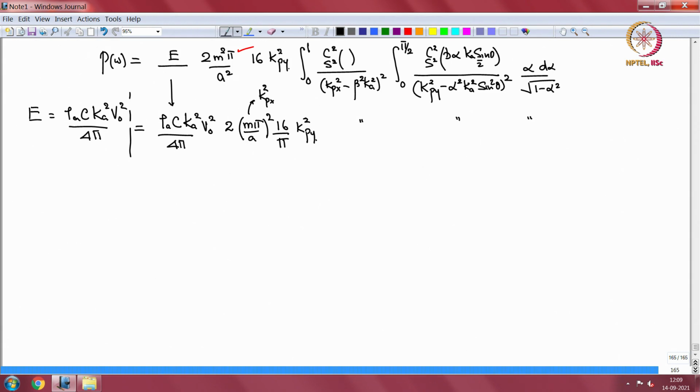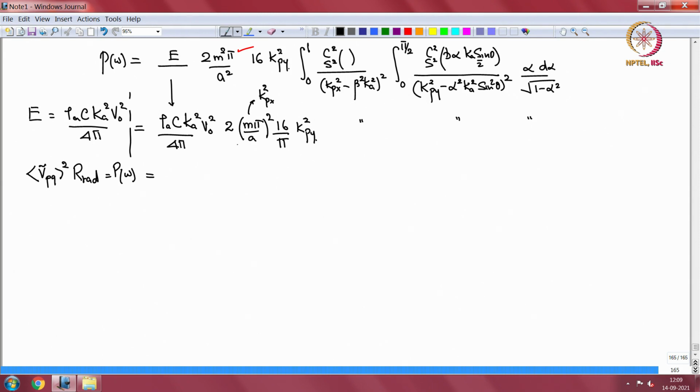Now what did I say earlier? I said my v tilde pq squared, the space and time averaged mean square velocity, into my R rad is power, and that is equal to all of this.